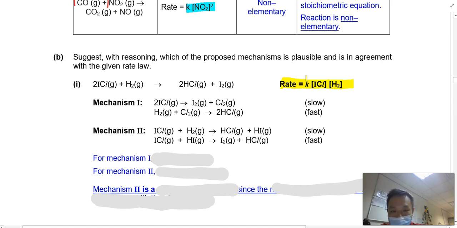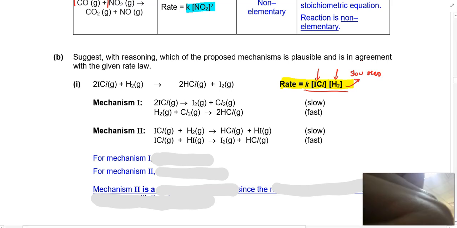Likely this is non-elementary, because the rate equation is not based on the overall stoichiometric equation. Since the rate equation is given as this, there must be one ICl and one H2 in the slow step. Again, recall your rate equation is based on the slow step.